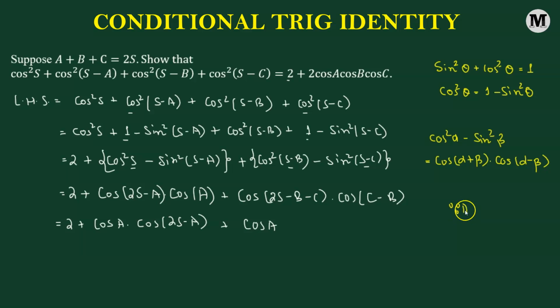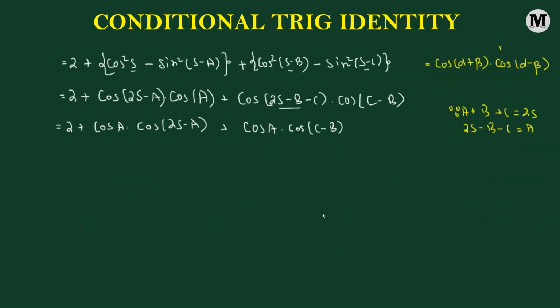Since a plus b plus c equals 2s, that would mean that 2s minus b minus c must be equal to a. All we have done is replace this angle with a. This is going to get multiplied by the cosine of c minus b, let's keep it as c minus b, we'll come to that in a moment.